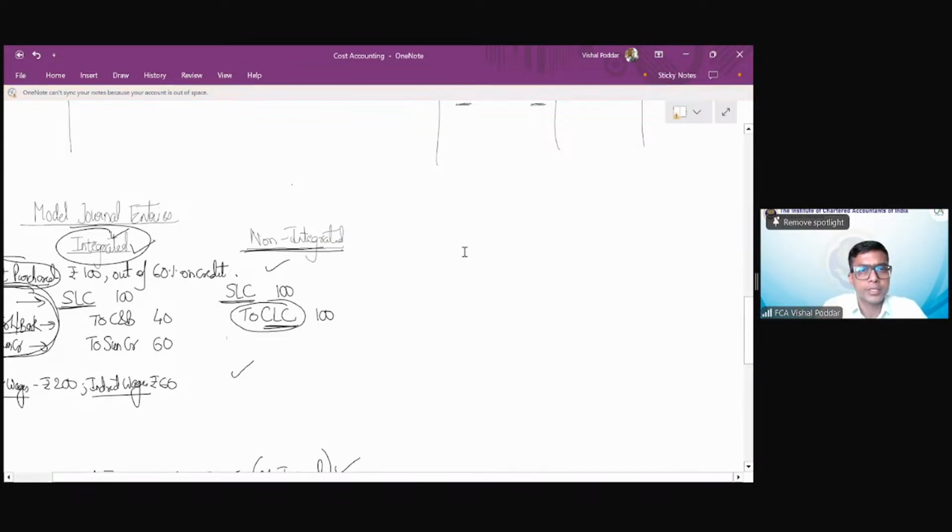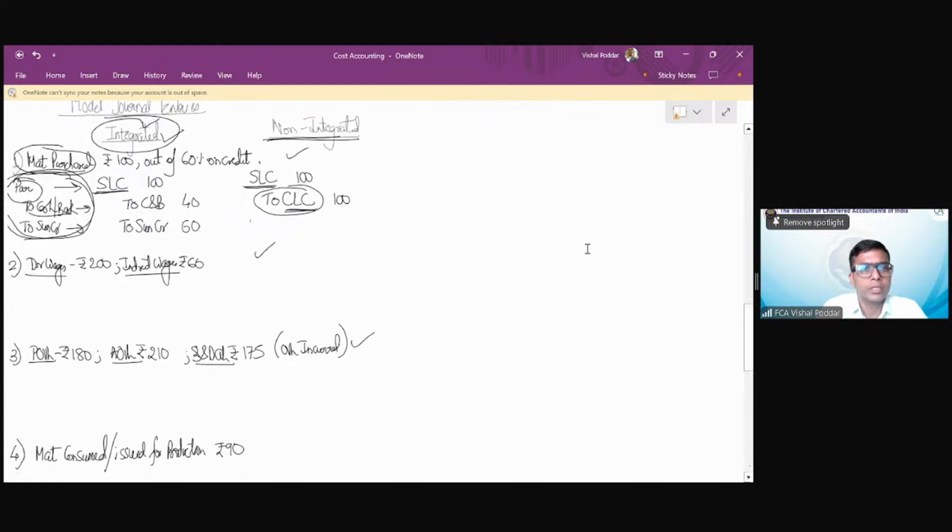Okay, I'll give you 2 minutes. Give me the journal entry for the other two transactions also, that is for wages and that is for overheads. Both transactions in integrated and non-integrated.